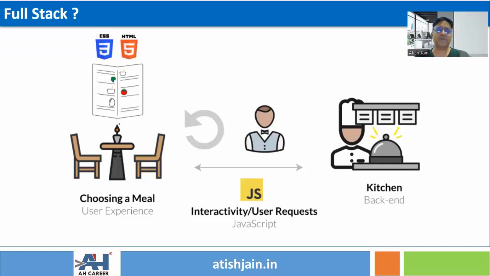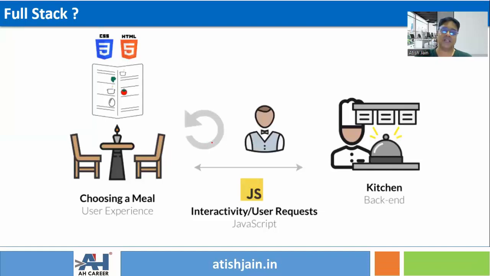These are the 2 basic technologies which will give you that user experience. Along with this, there are so many other technologies in the market that will be used. And JavaScript is the interactivity. Whatever order you place, the order has to be taken from your table to the kitchen.